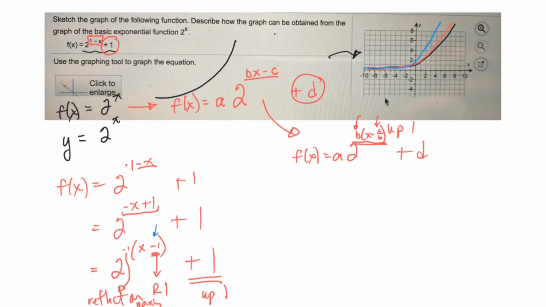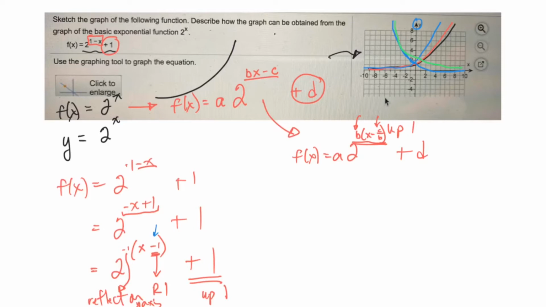And then it has to flip over the y-axis. So it has to go something like that, because there's the y-axis. And then it also has to go up by 1. Let's do that one in green. So it's going to be something like that in the end. I guess I could fire up Desmos to see what exactly it looks like.